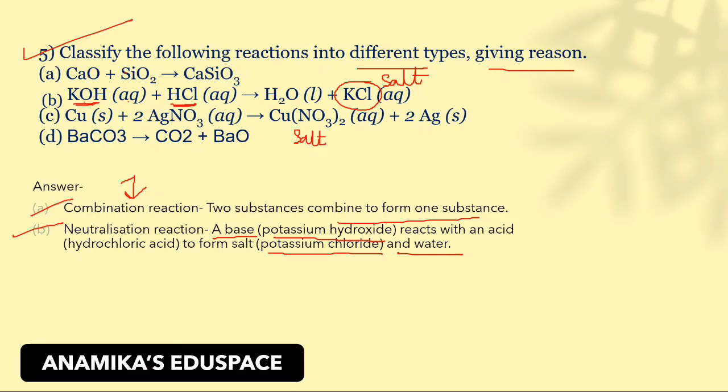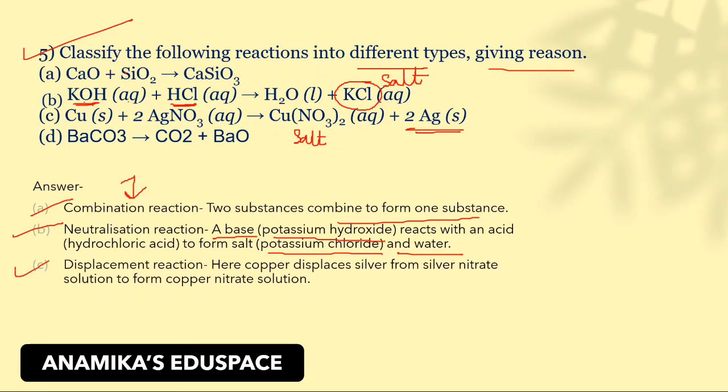So it is also forming a salt and 2Ag is given up. So let us see what it is. It is a displacement reaction. Why? Because here the copper is displacing the Ag. The copper is kicking out the Ag and the Ag is deposited outside. And the copper is taking Ag's place.